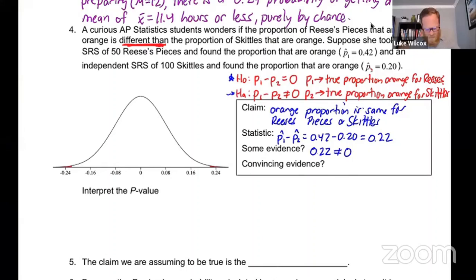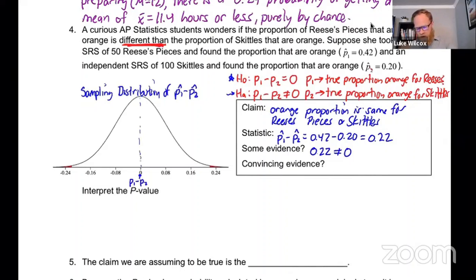So let's move over to the picture here, and let's first identify what this distribution is. Once again, this is the sampling distribution, but this time it's the sampling distribution of P1 hat minus P2 hat. And because we're assuming the null is true, you will see at the very center of the distribution is our null hypothesis that P1 minus P2 is in fact equal to 0.